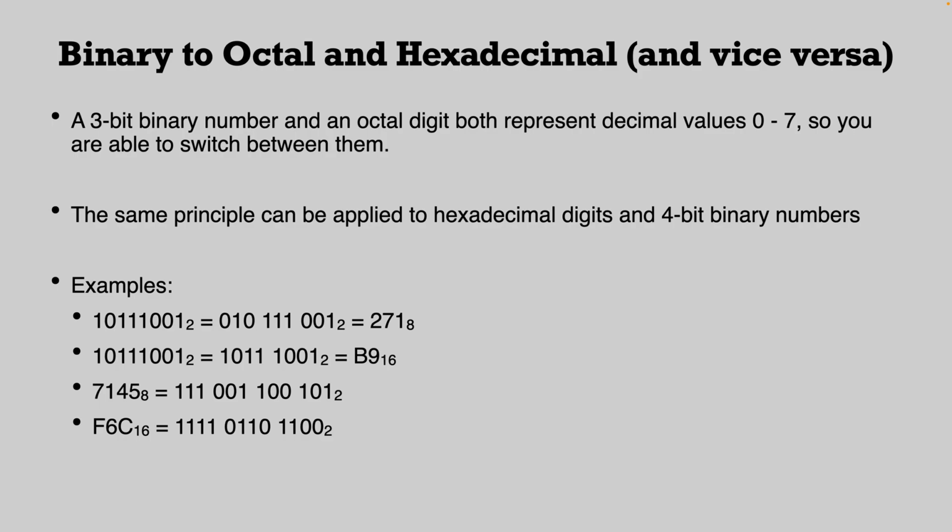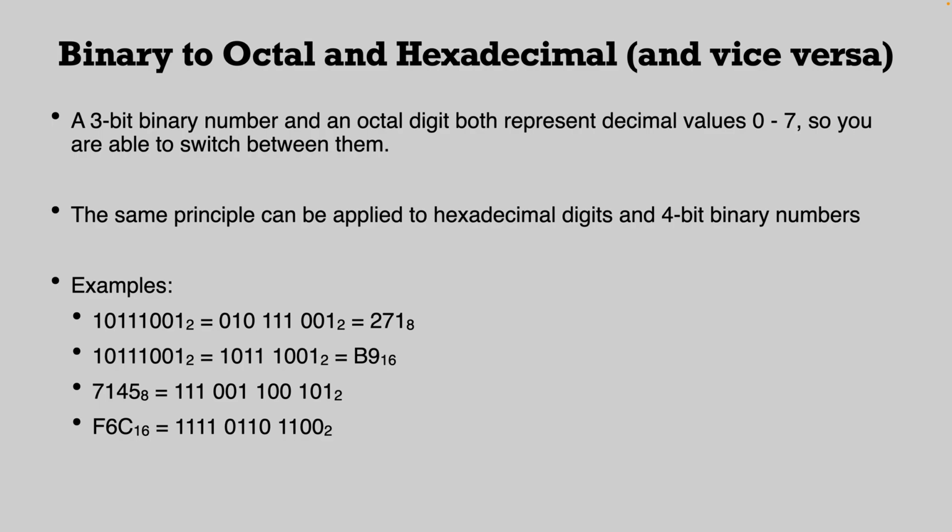But first, converting this binary number to an octal. To make it a little easier to see, we separate it out into groups of 3. And when you don't have exactly 3 digits in your leftmost group, you just put zeros in front of it until you do have 3 digits in the group.